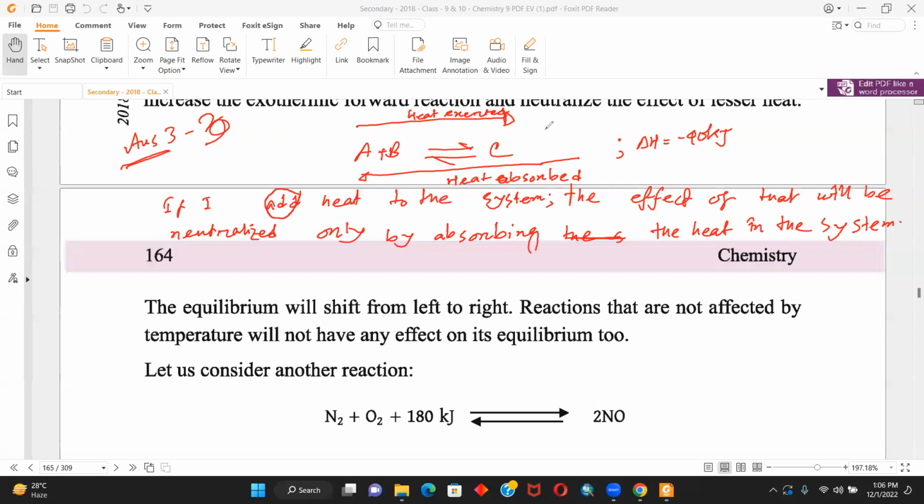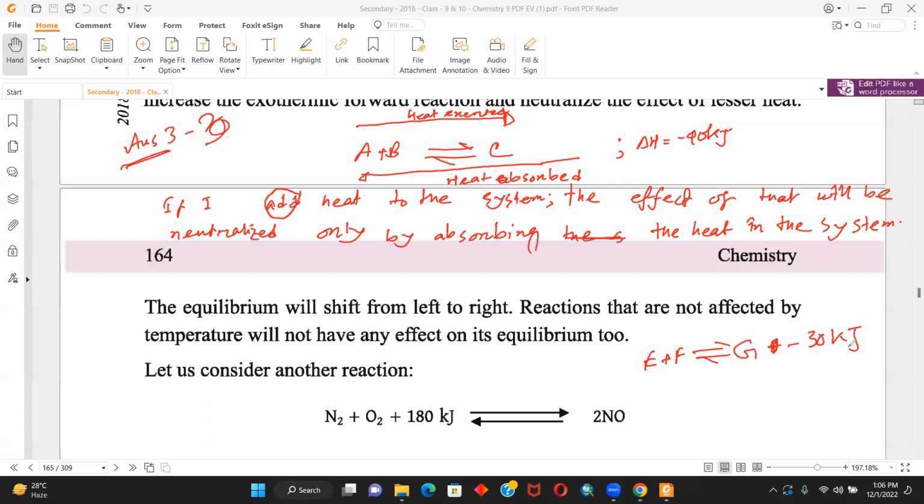Okay, another practice, because I won't get to the other two principles before clarifying this thing. Let's see how clear you are. So again, E plus F, G, minus 30 kilojoule.